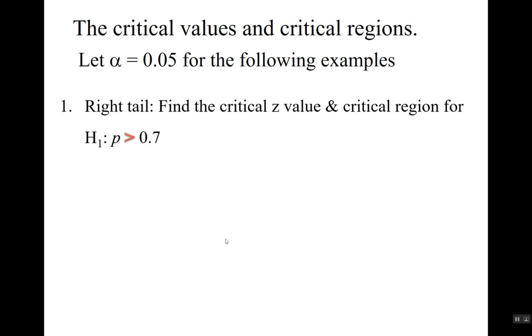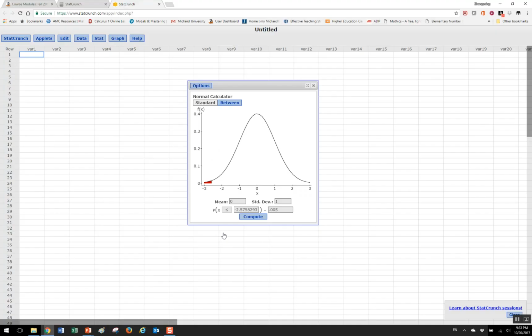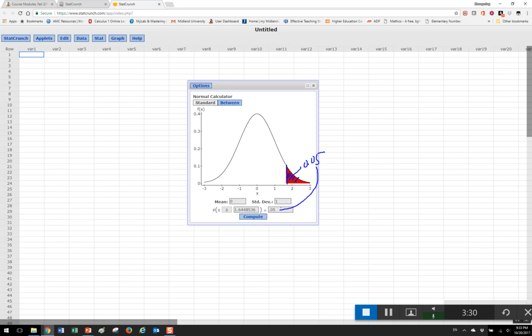Now I'm going to show you in StatCrunch. If you recall, the graph I drew was very similar to this one. I first draw the bell shape, and I show that this is 0.05. This is the alpha, that's why I type in 0.05 here. And this is the right side because it's a right tail. That's why I choose greater than or equal to and then compute. This is 1.645.